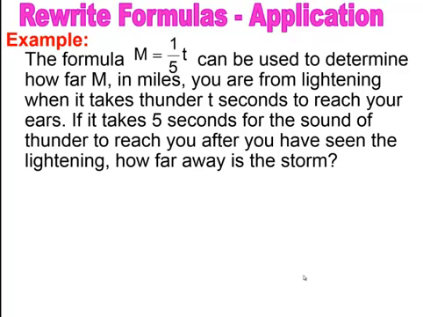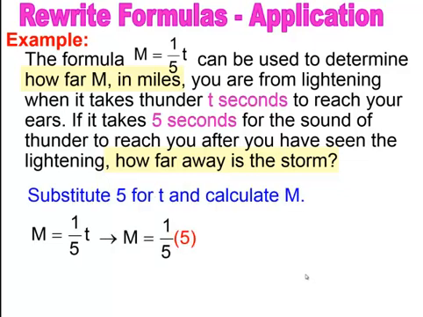So what it's asking me here is, use the formula miles equals 1/5 t time to find how far off the storm is when I hear thunder. And in this case, they're saying that I heard thunder 5 seconds ago, and that represents my t. So then what you're going to do is you're going to take that 5 and you're going to evaluate the formula by plugging it into the t for the formula.